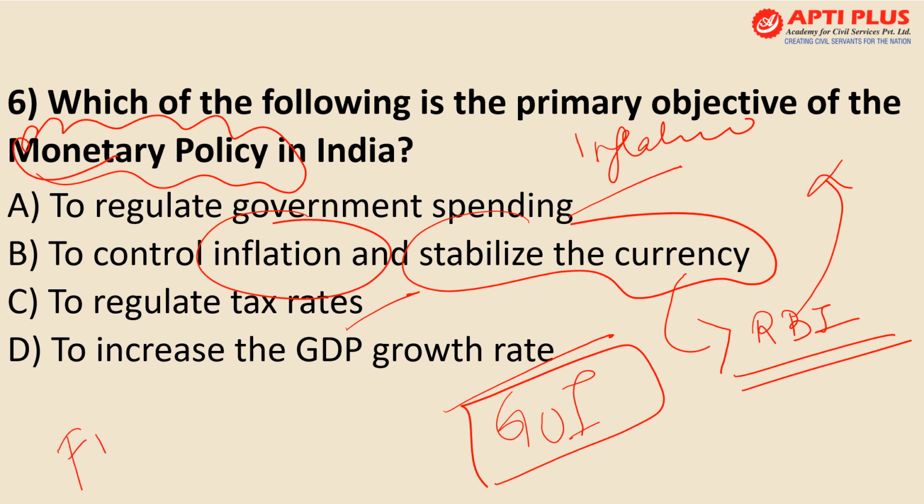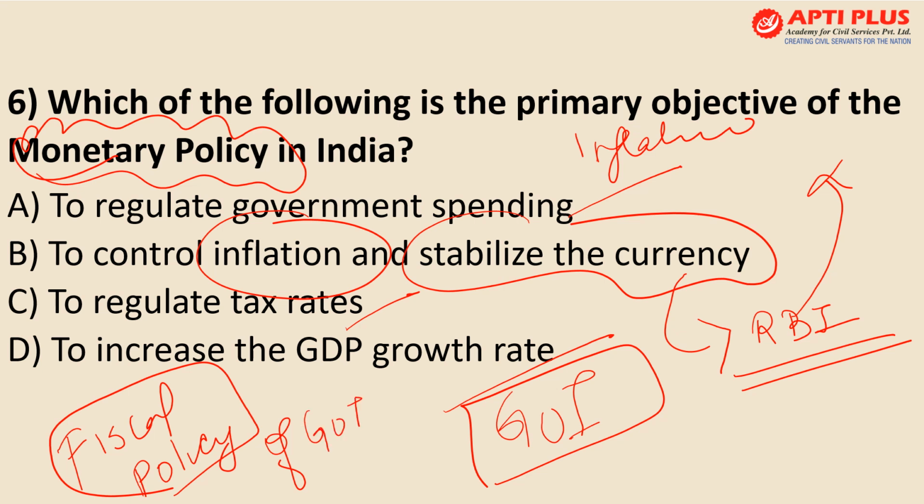And there is another policy, fiscal policy. Fiscal policy is the instrument of government of India through which it regulates the government spending, tax rate, budget, increase the GDP growth. So your answer is B, to control the inflation and stabilize the currency.